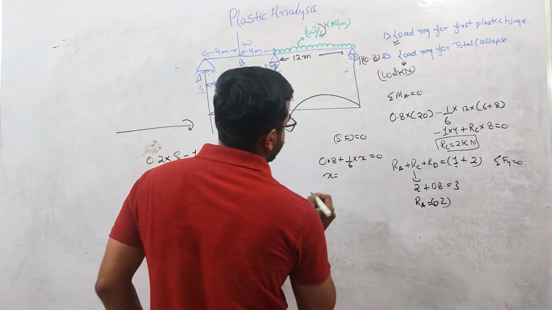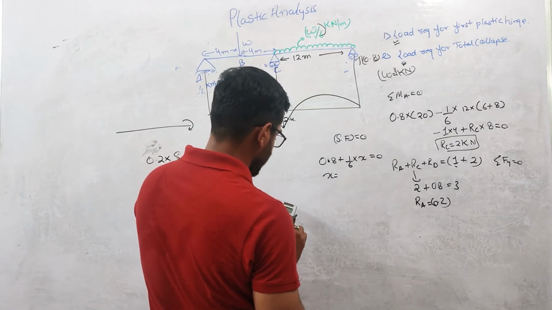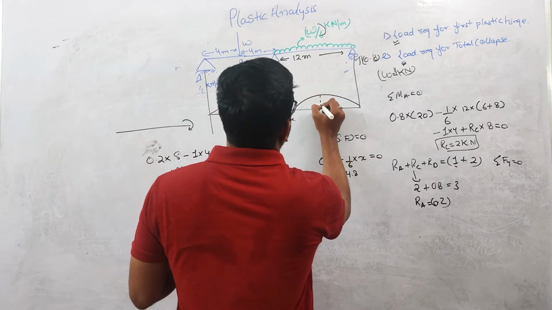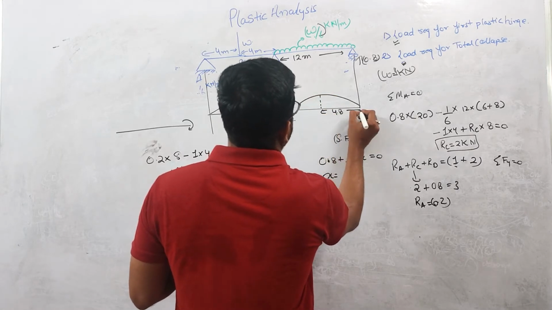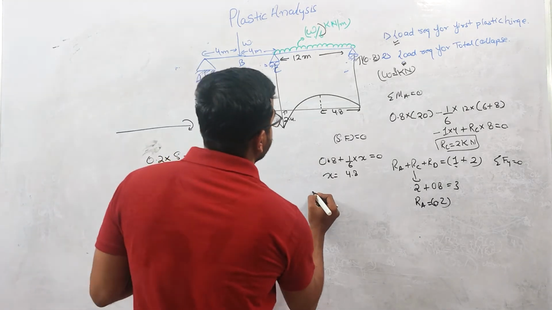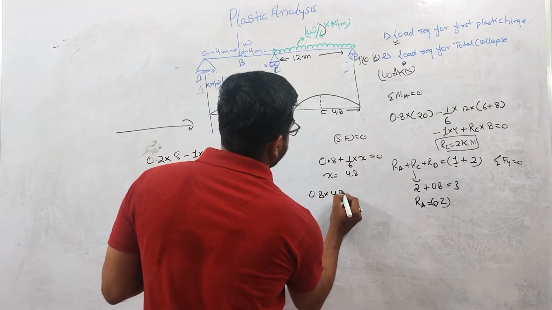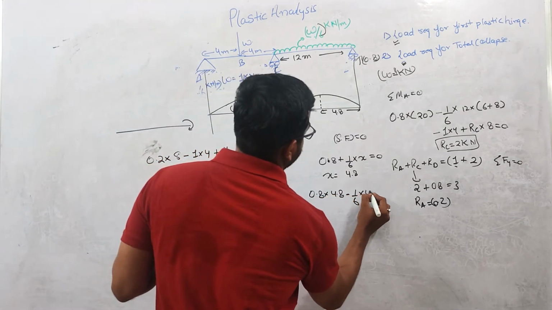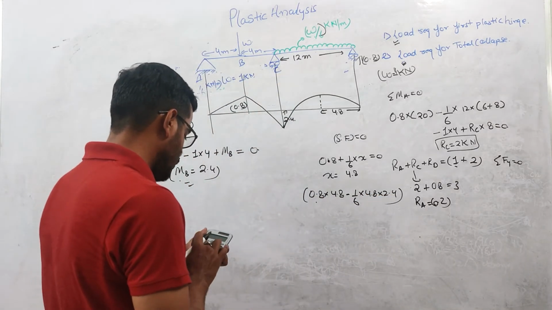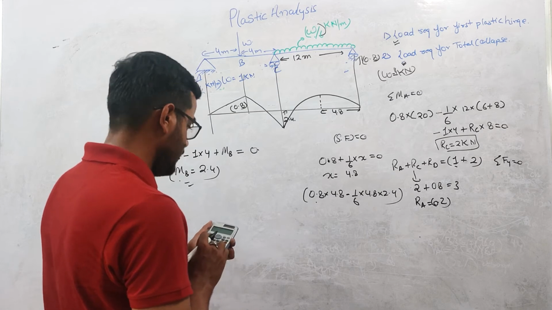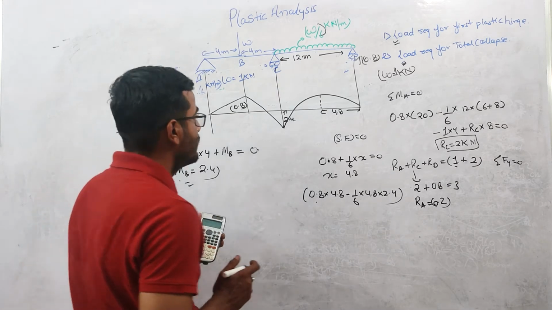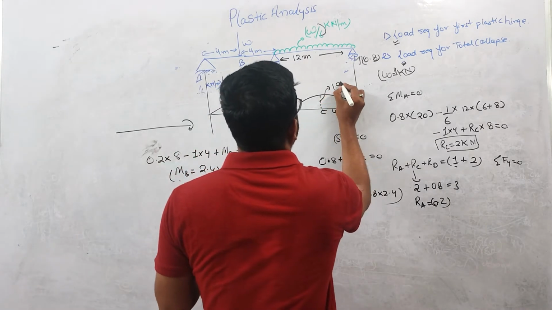So x here will be 0.8 into 6, which is 4.8. At this point we get the maximum value of bending moment. We can calculate it: 0.8 into 4.8 minus 1 by 6 into 4.8 into 2.4, which is minus 4.8 into 2.4 divided by 6. So this value comes out to be 1.92.